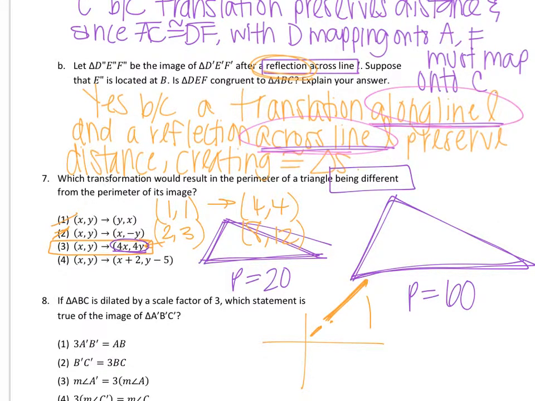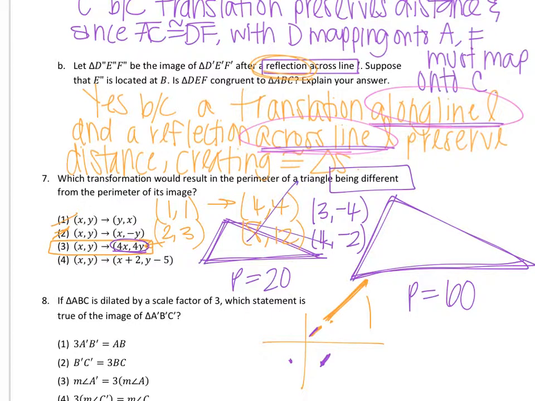Now if I were to do the same type of thing for choice 4, where I'm just adding 2 and subtracting 5, then instead of 4, 4 and 8, 12, I would now have 3, negative 4, and 4, negative 2. 3, negative 4, and, oops, I went the wrong way. 3, negative 4, and over 4, down 2.